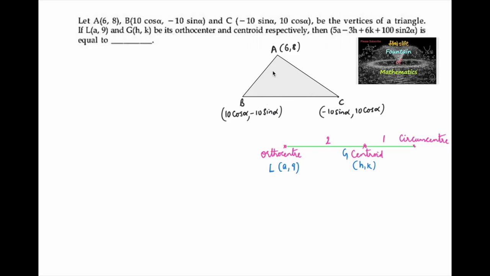And it's very clear from the diagram. The distance from the origin to the point B, that is under root of (10 cos alpha) whole square plus (10 sin alpha) whole square, will be the same as the distance from the origin to the point C. These two are the same, and the distance will also be the same as OA, which is equal to under root of 36 plus 64, which is equal to 10 units.